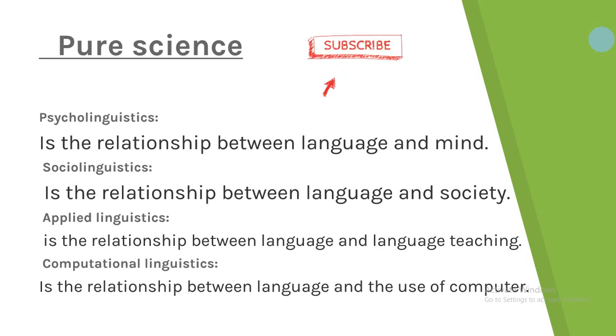Actually, language exists in society. Applied linguistics is the relationship between language and language teaching. Computational linguistics is the relationship between language and the use of computers.